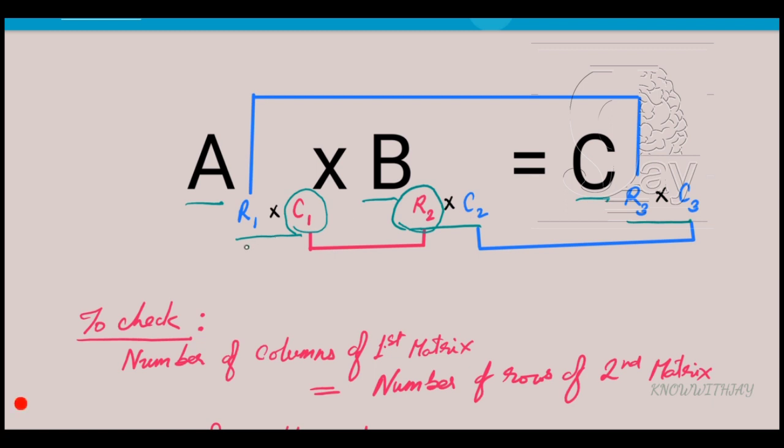When we multiply two matrices with these orders, the number of rows of the product is equal to the number of rows of the first matrix. So you can see the blue line over here, R1 goes to R3, and the number of columns of the product should equal the number of columns of the second matrix.